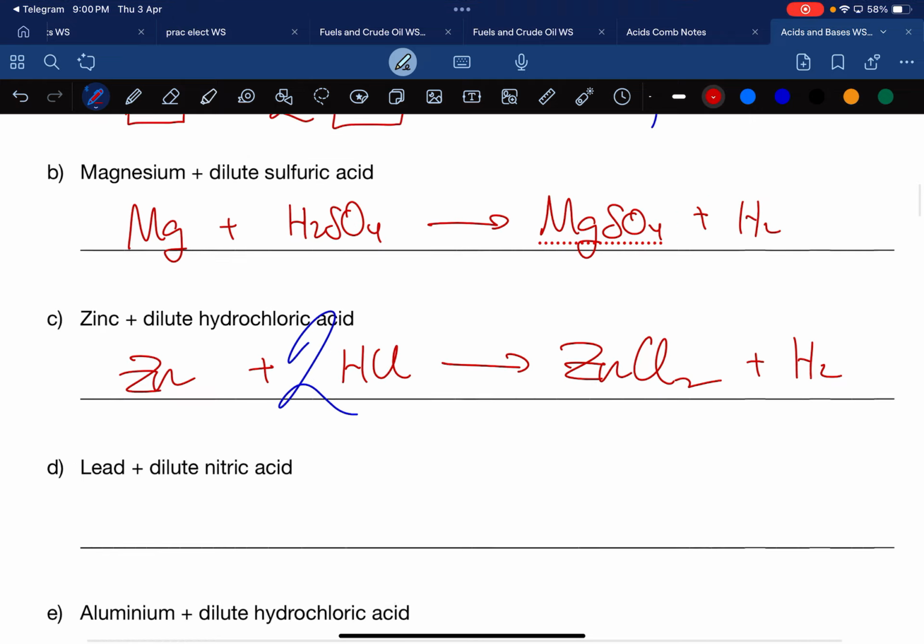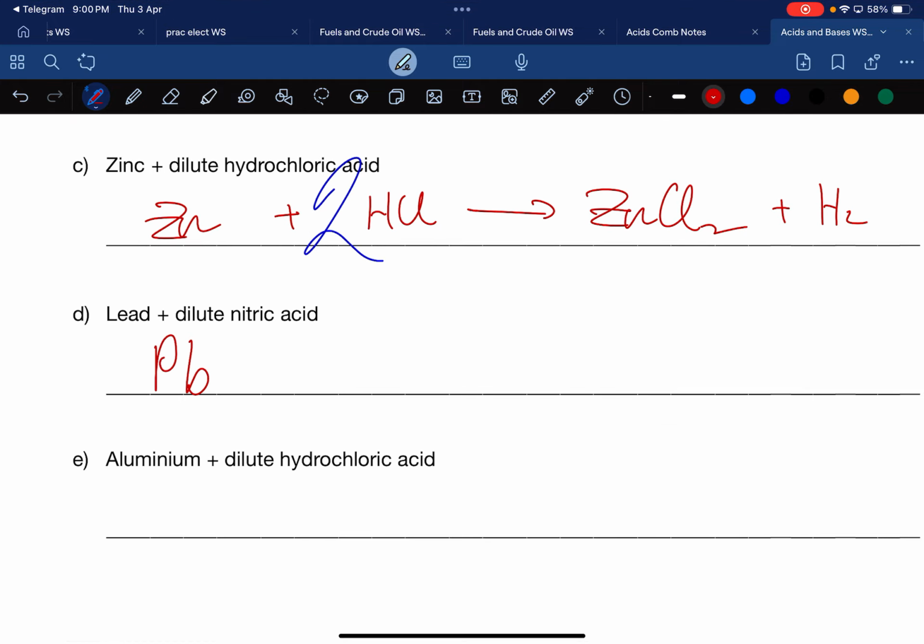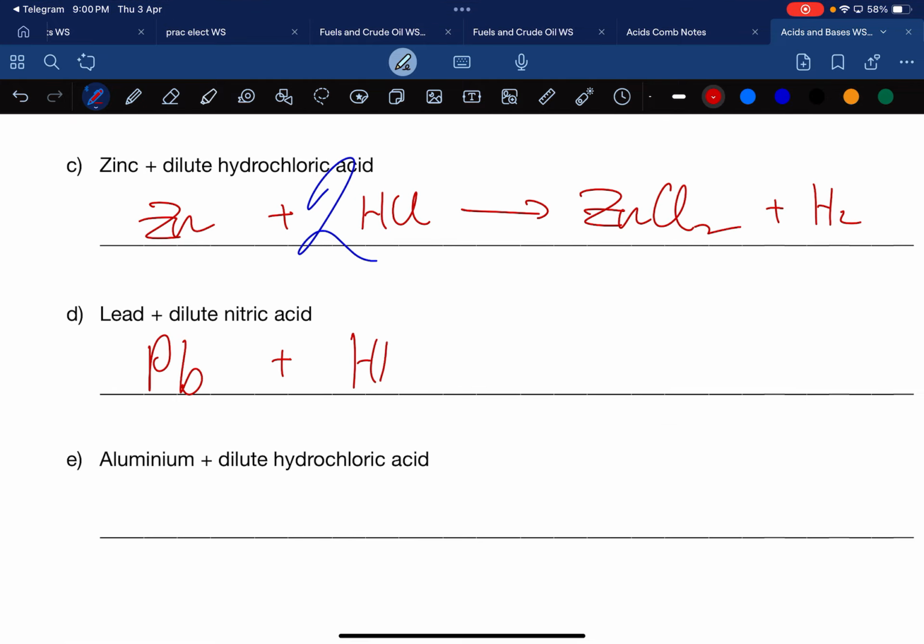Good. Next. Lead and nitric acid. Pb, HNO3. Pb is 2 plus, which means I will need 2 nitrate ions. Jared, you see? Now I have multiple elements, then you bracket, then you put number outside.